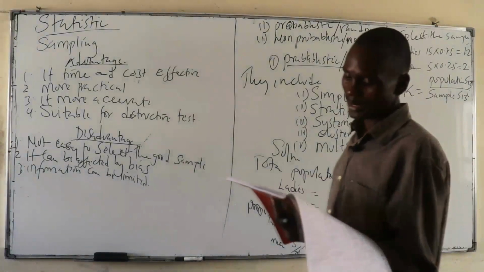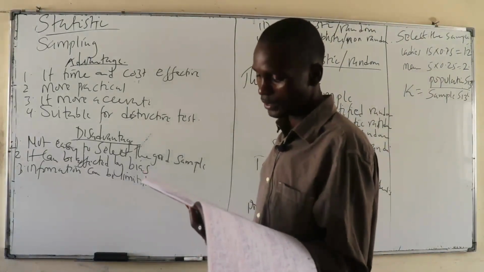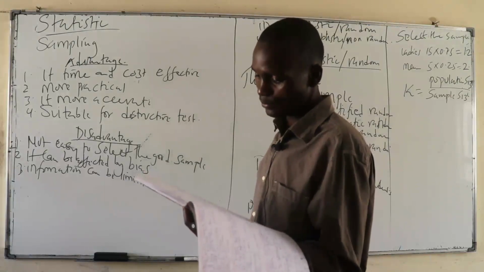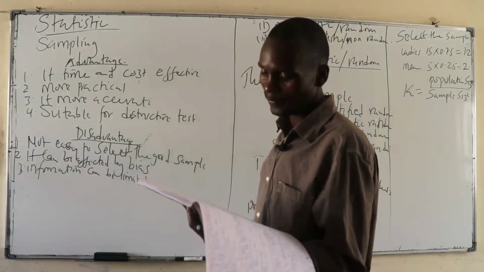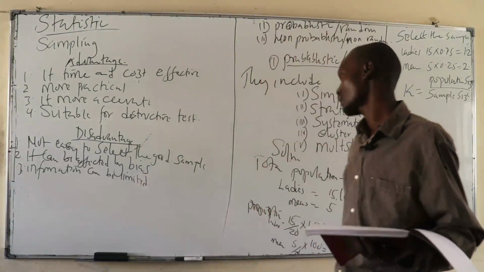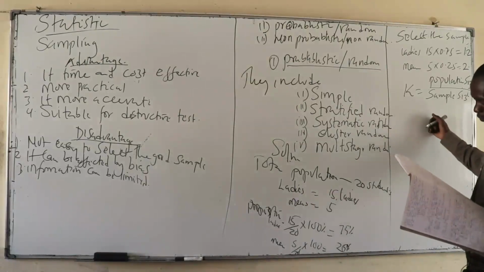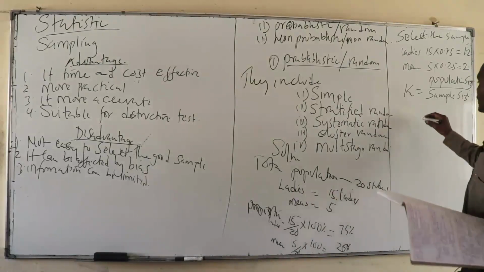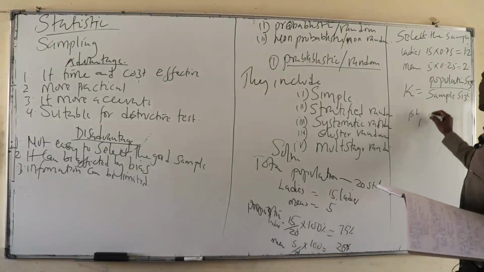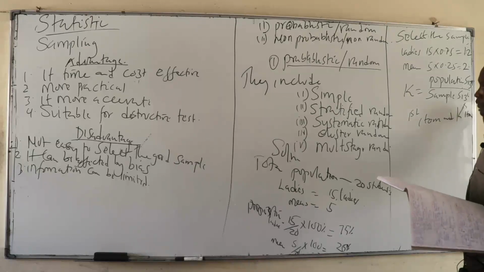Then select at random a starting point between the first item and the kth item, so in that interval.